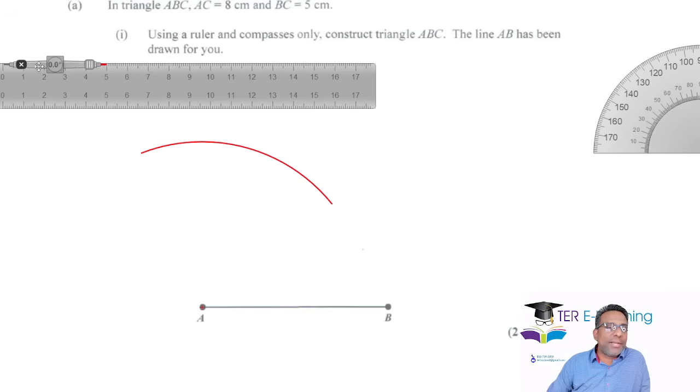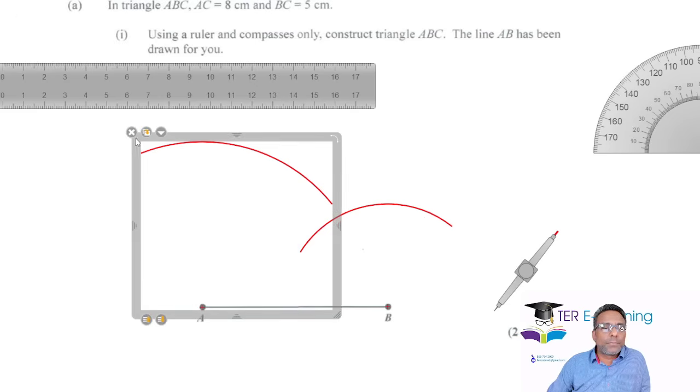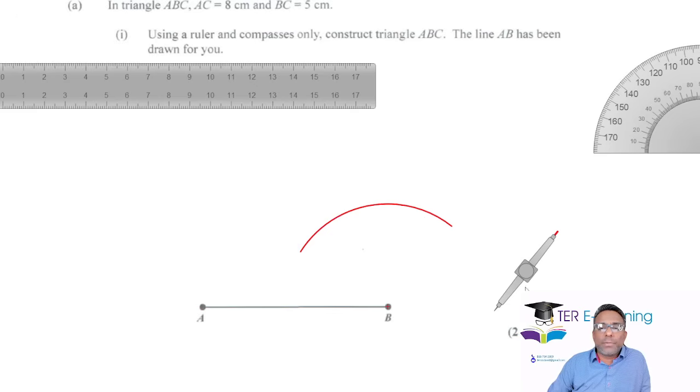So that's 5 cm here. And then you're going to come to the point B here, and we're going to draw an arc. But just now, this is going to be a little too small. So I'm going to have to draw over that the other arc from the point A.